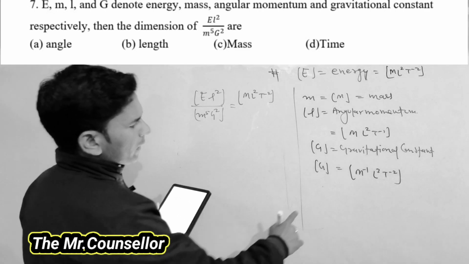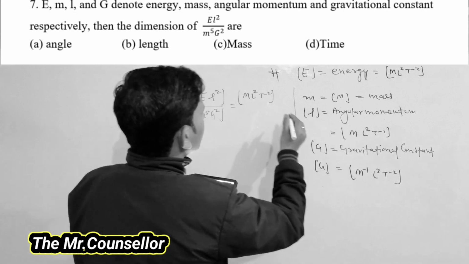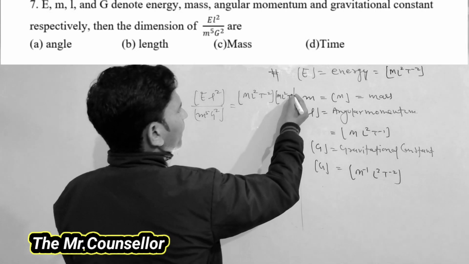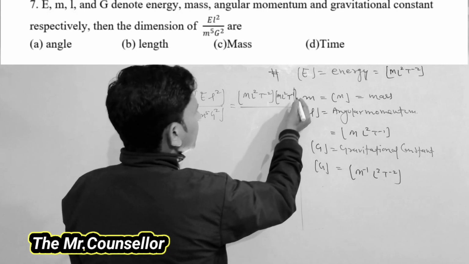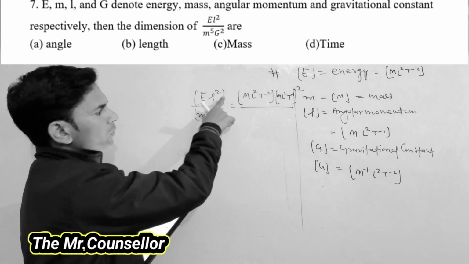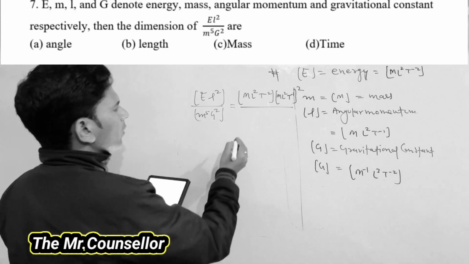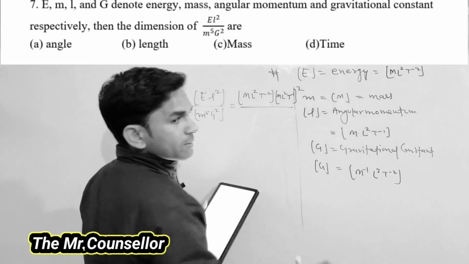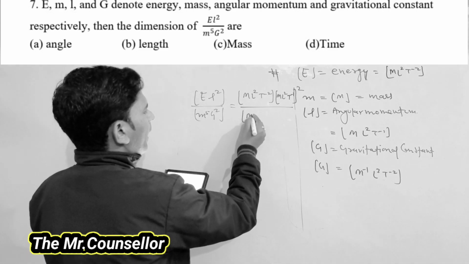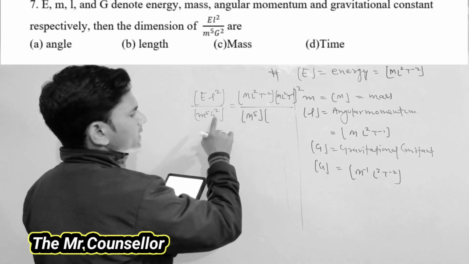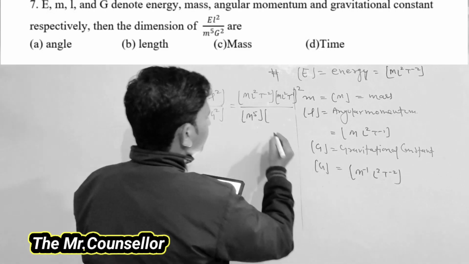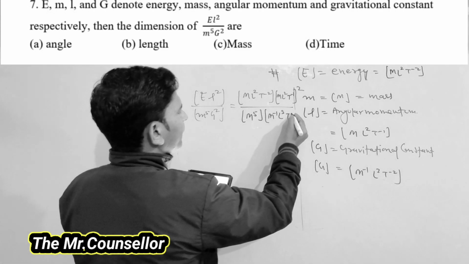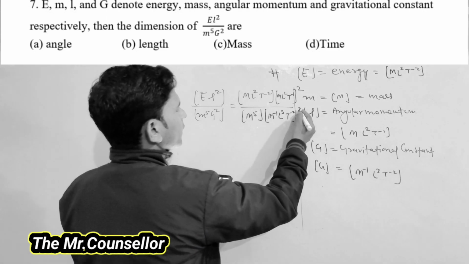L is the angular momentum, so angular momentum is m L square T minus 1, very good, and square is written here, so you will apply square. Divided by m power 5, it means m is mass power 5. And G square, so G is m minus 1 L cube T minus 2 square.